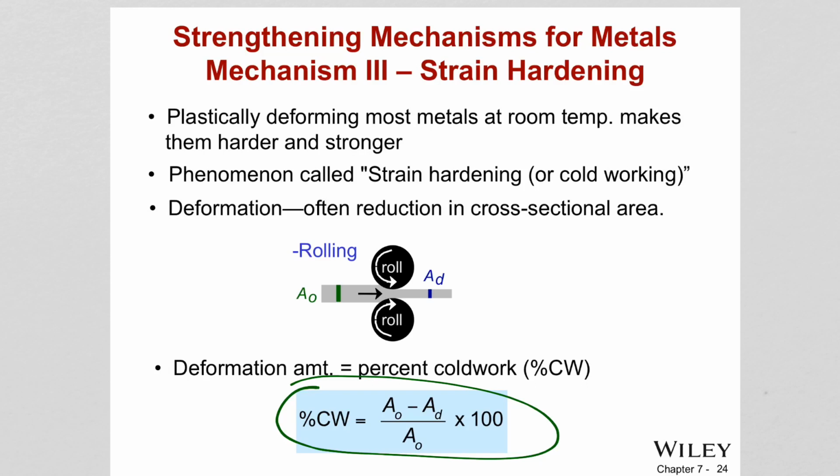Because when you do, let's say, rolling to change the shape of the material, to plastically deform it, the material with a certain thickness A0 is pushed in between the rolls, and at the end the material comes out with a lower thickness, which is Ad. So this tells you how much cold work you performed on the material because of the change in the cross-sectional area.